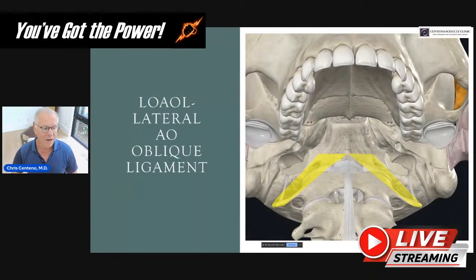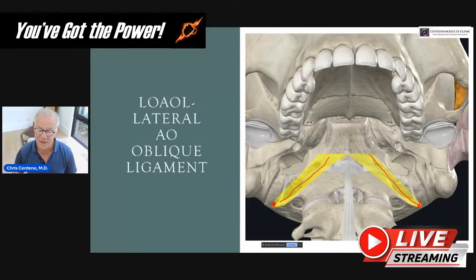Then from the front, we also have this lateral AO oblique ligament, and that goes from the transverse process of C1 all the way to the front of the skull. And that's going to be heavily involved when you've got too much extension of the skull on the spine.